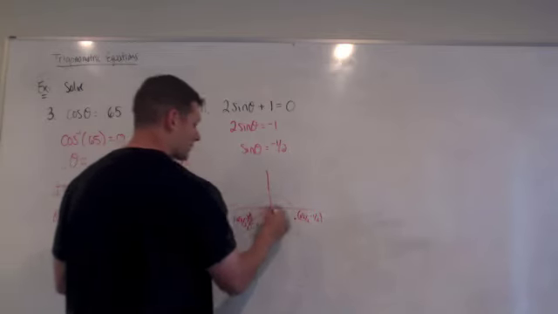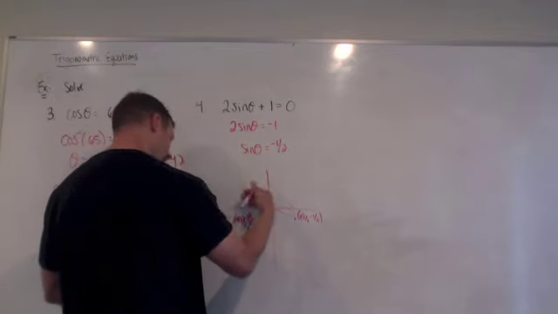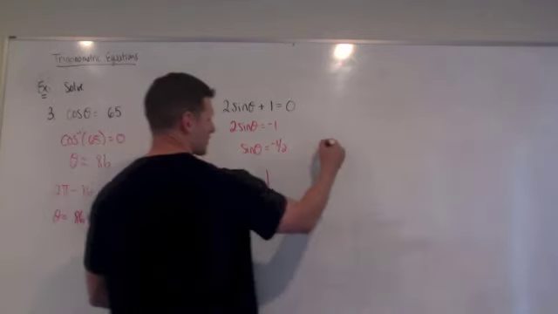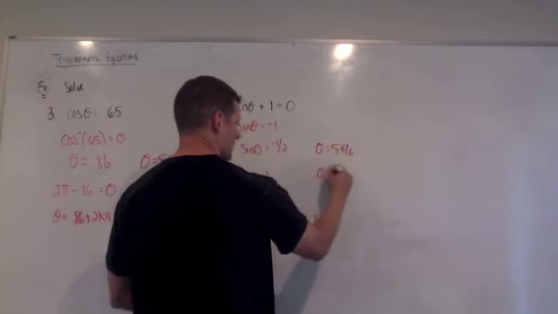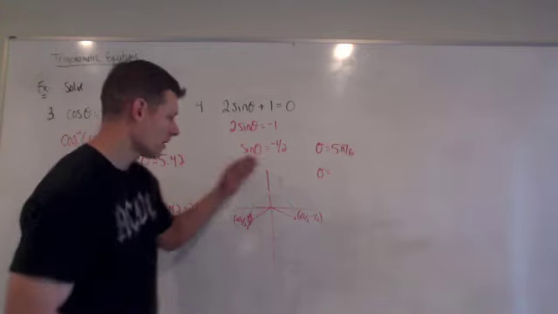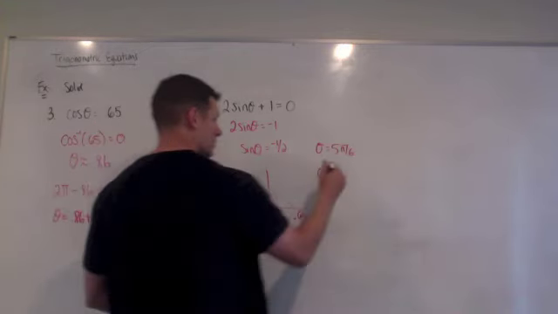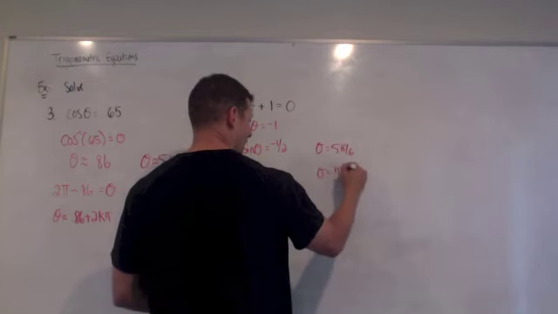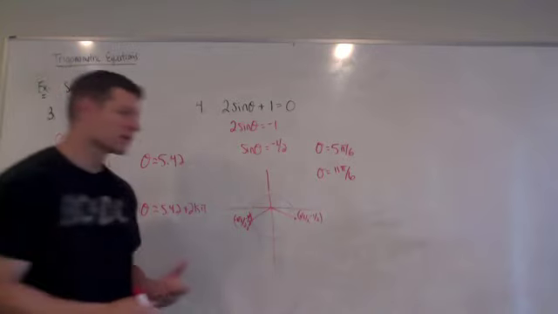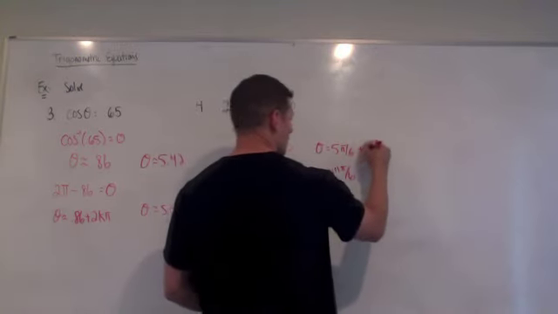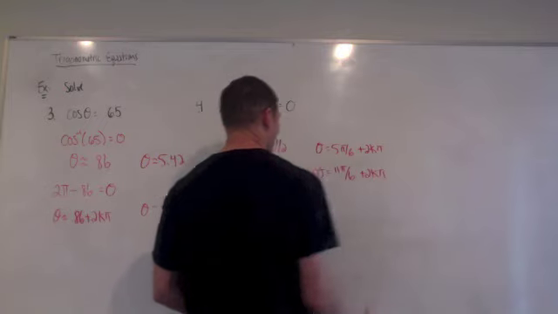And that happens at pi plus pi over 6, which is 7 pi over 6. So I have theta equals 7 pi over 6, and also 2 pi minus pi over 6, which is 11 pi over 6. And of course we want all possible values, so I put plus 2k pi, plus 2k pi.